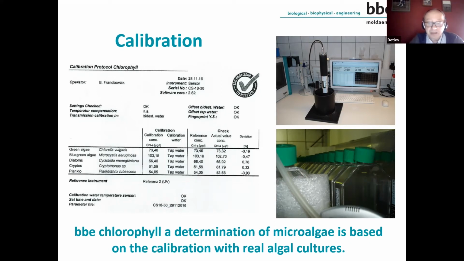So here we use blue-green algae and green algae and calibrate this in our laboratory. This is based on our algae cultures, and we found that these algae that we use represent, let's say, almost all of the algae you find in nature.